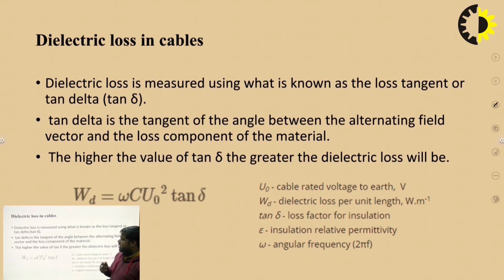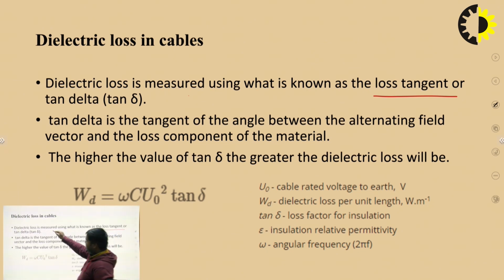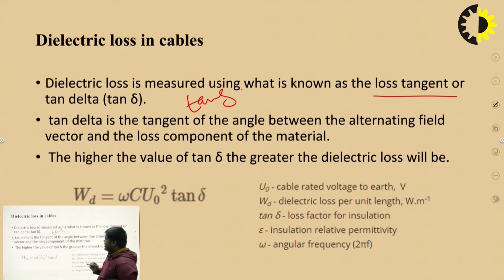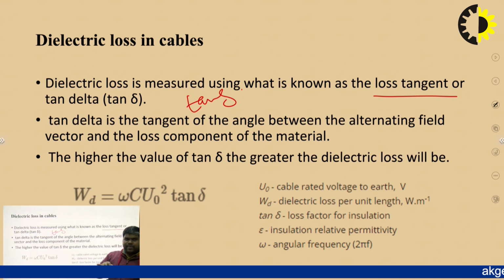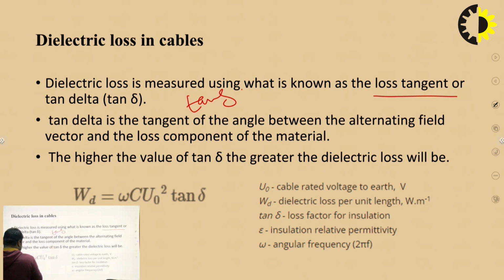The dielectric loss in a cable is measured using what is known as the loss tangent or tan delta. Tan delta is the tangent of the angle between the alternating field vector and the loss component of the material. So the higher the value of tan delta, the greater the dielectric loss will be. WD, dielectric loss, equal to omega C V naught square into tan delta.